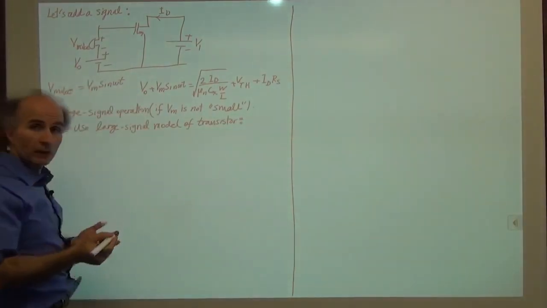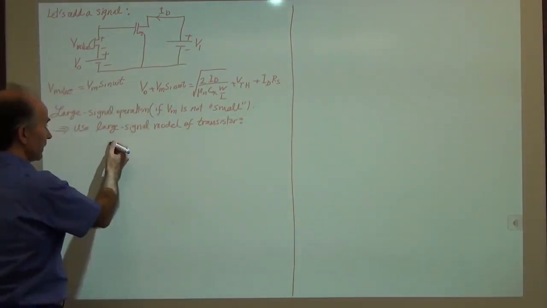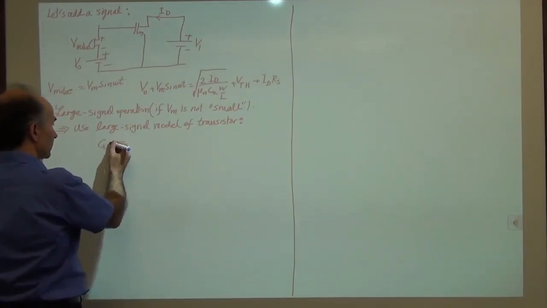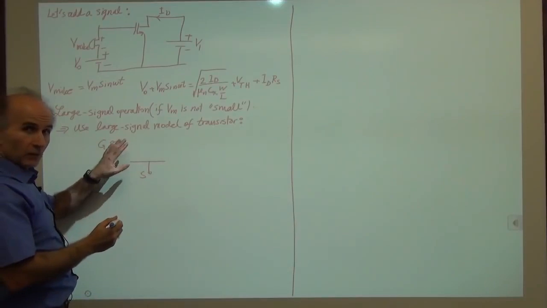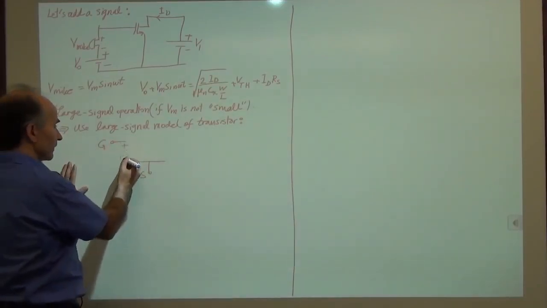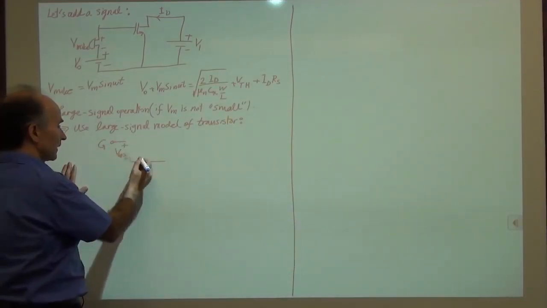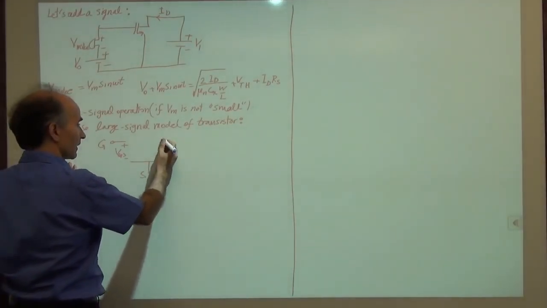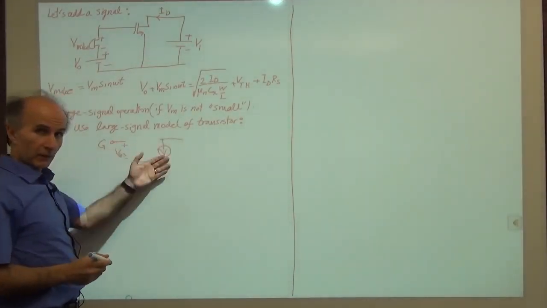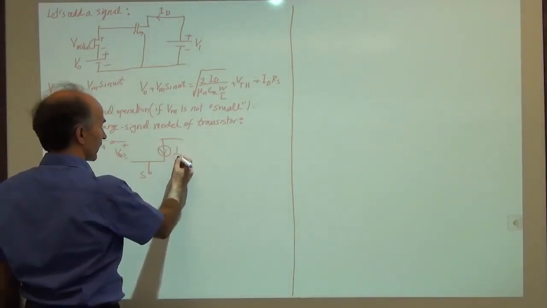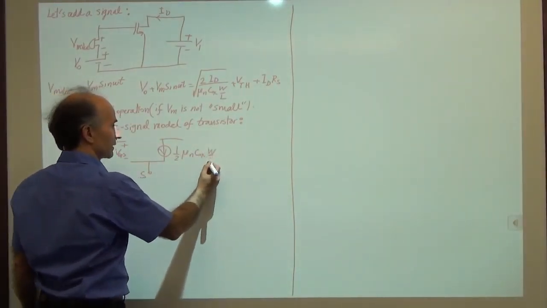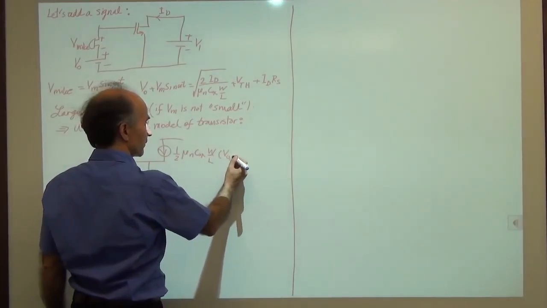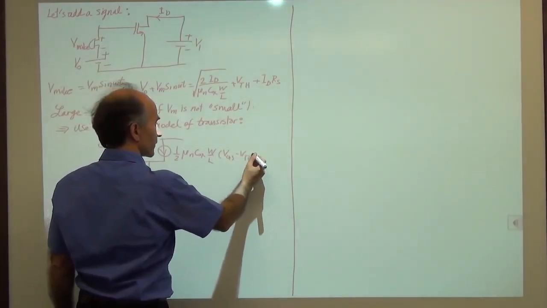So what was the model of the transistor? You remember from last time? Well, we said that we have a gate, we have a source, not much going on between gate and source, so that's sort of open. We have a VGS, and then we have a current source here. After all, it's a voltage-dependent current source. And then here we had 1/2 mu n C ox W over L times VGS minus VTH squared.